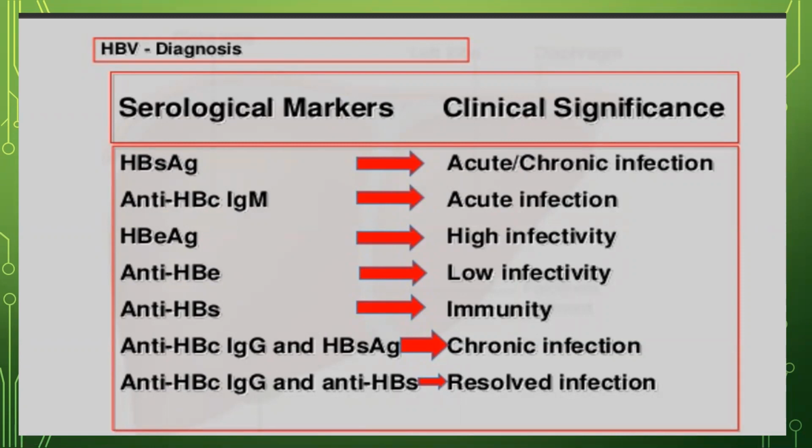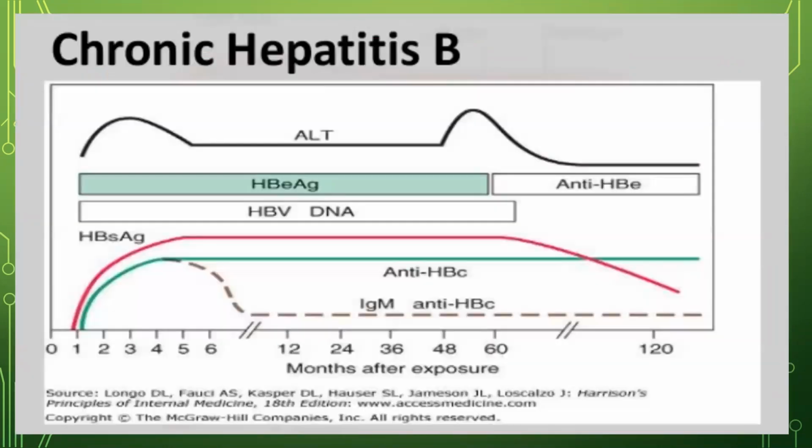Anti-HBc immunoglobulin G and HBs antigen appear in case of chronic infection, and anti-HBc immunoglobulin G and anti-HBs appear in case of resolved infection.